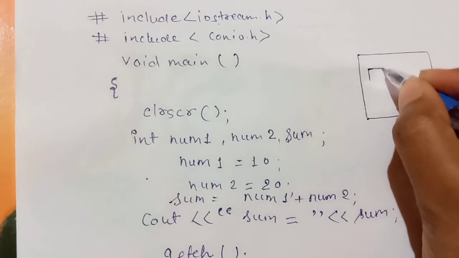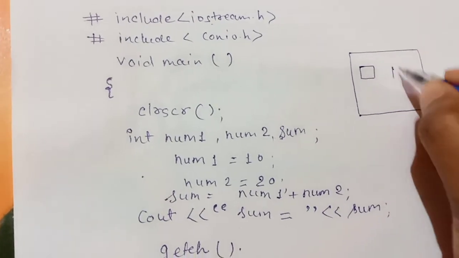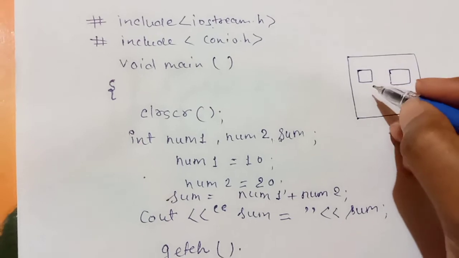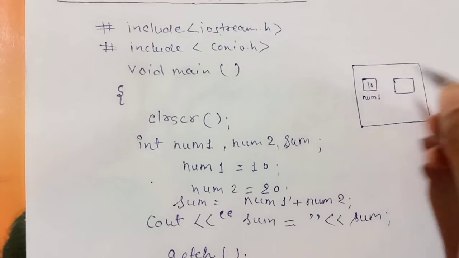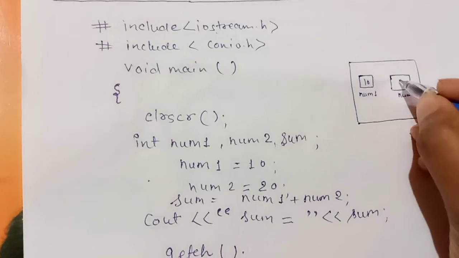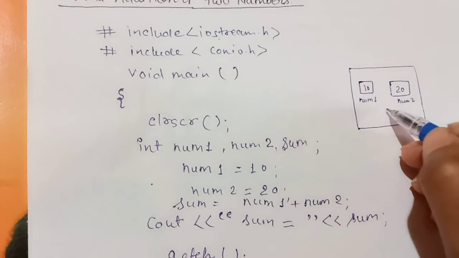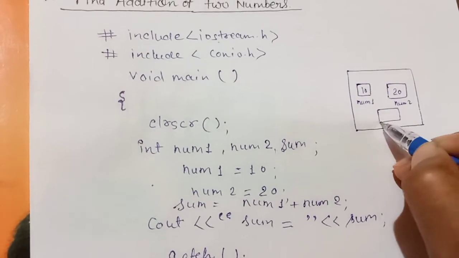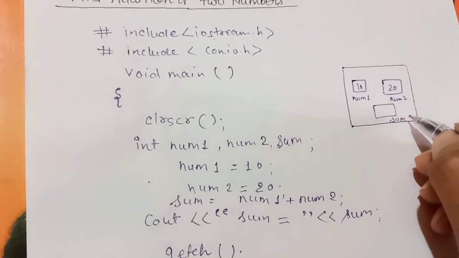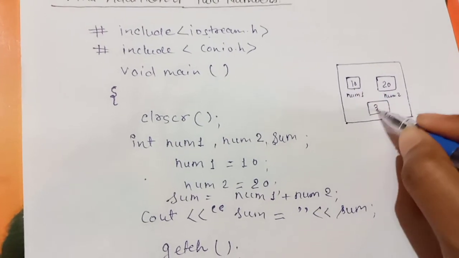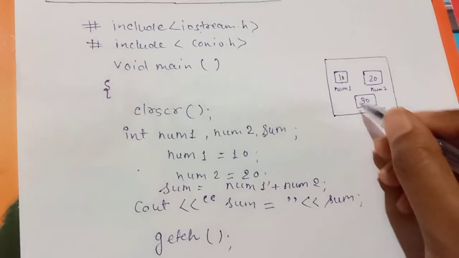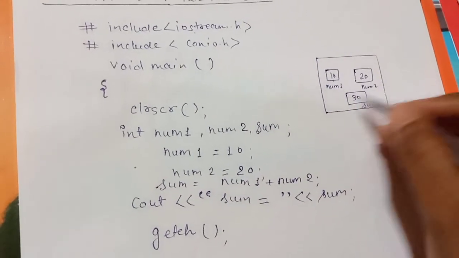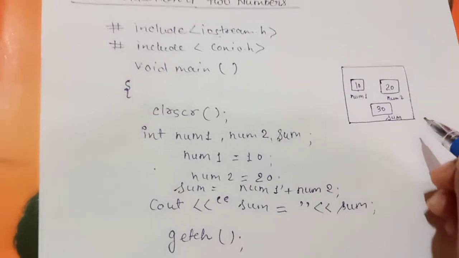Suppose this is variable one, num1, that is 10, and num2, that is 20, and then this goes into the sum. What is the sum? 10 plus 20 is 30. So this 30 will show on your screen as sum 30. In this way we take three variables, and the output screen will show you the sum of two numbers.